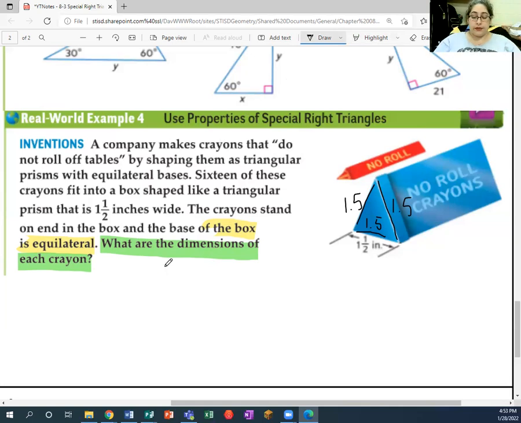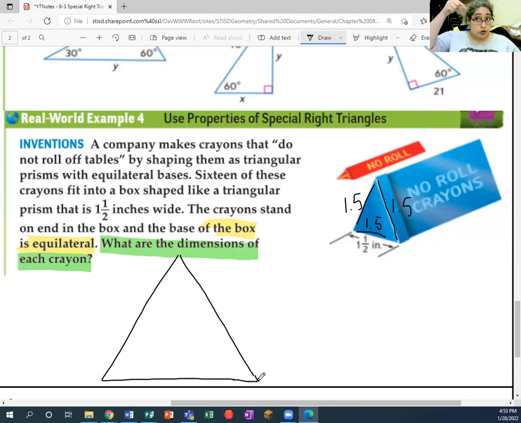All right, let's take a moment and draw the situation that we have so far. I'm going to draw the base of the box, my equilateral triangle. And I know that if I stand up the crayons that are also triangles on their base, 16 of those are going to fit perfectly here. Okay, well, there's one crayon.